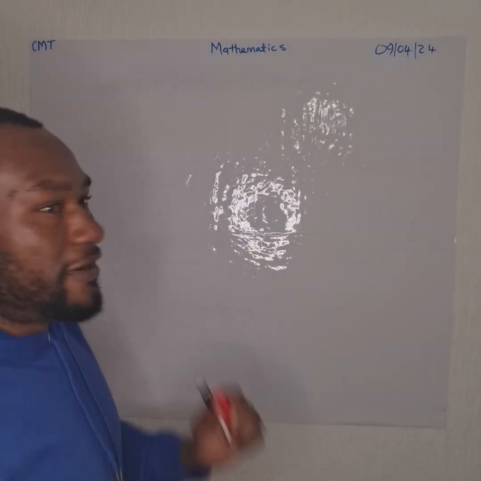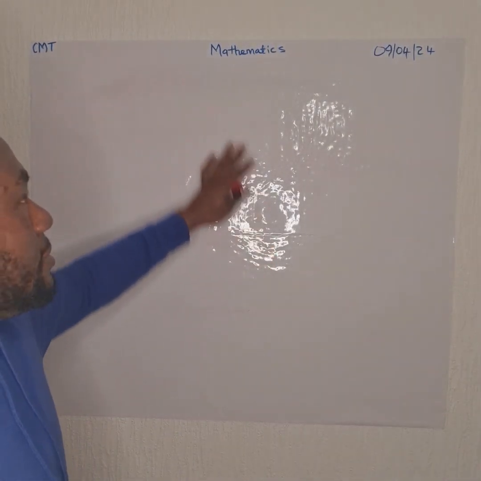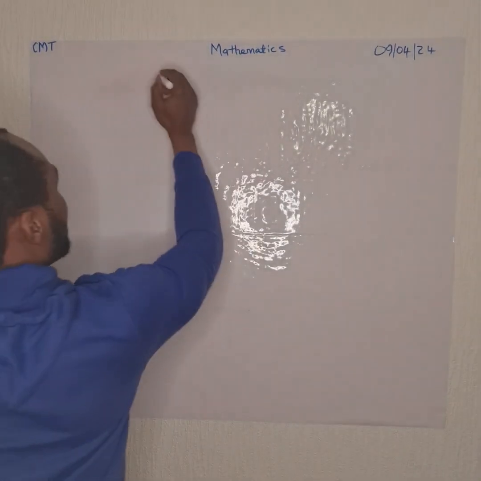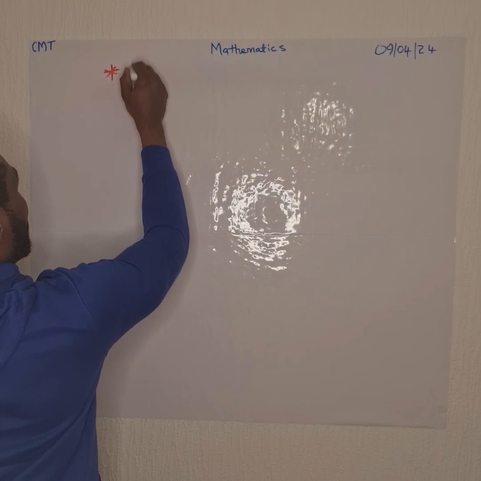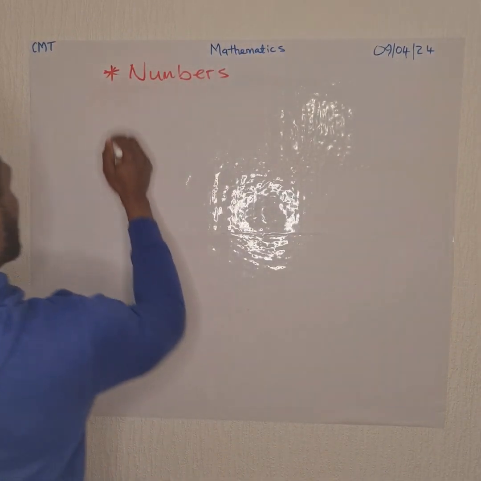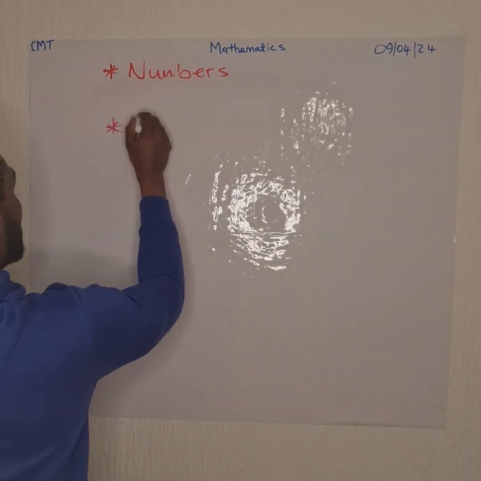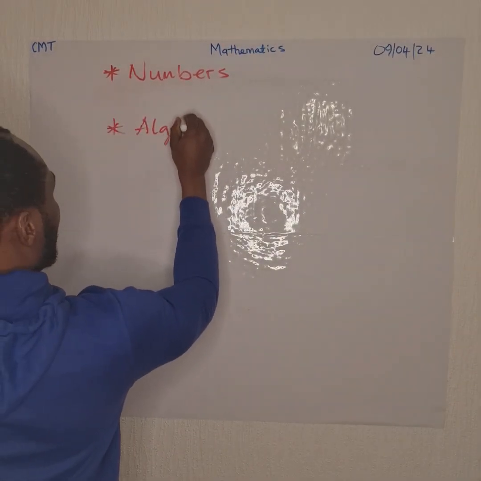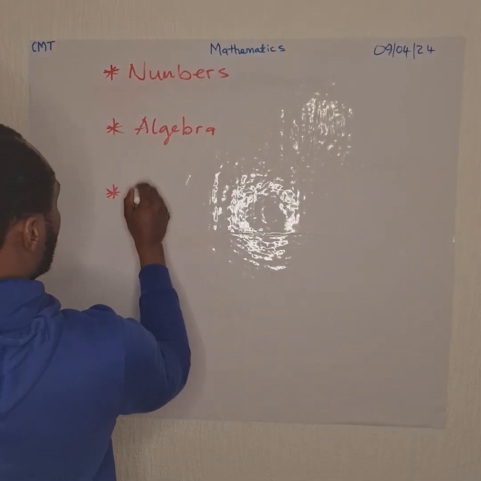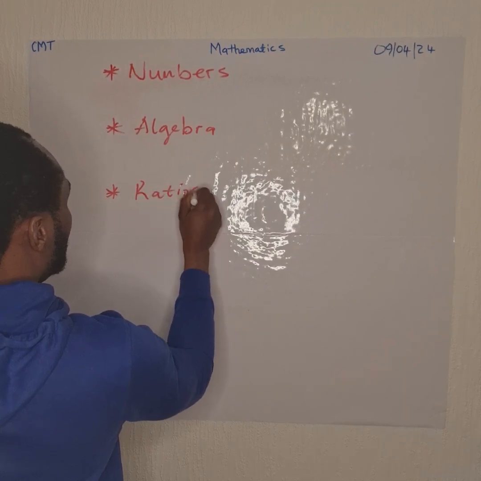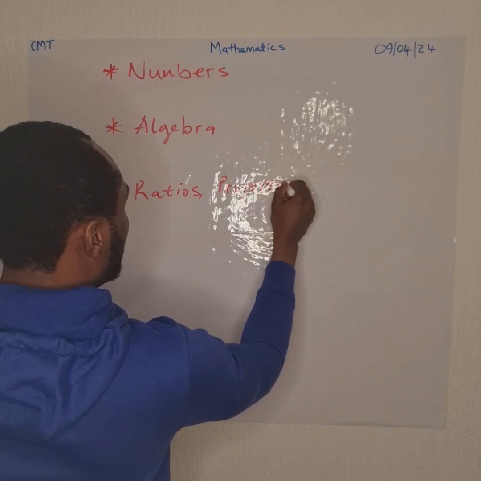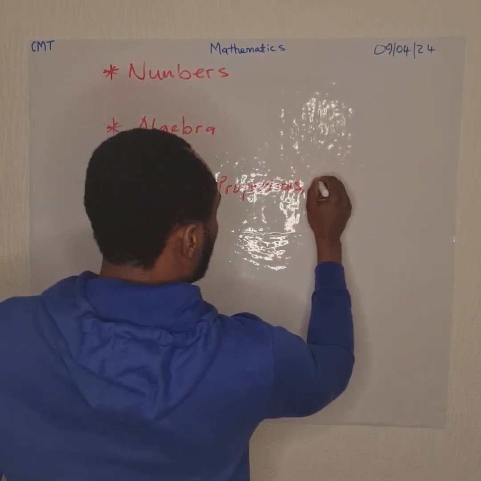First, let us look at the subjects and topics we're going to look at in mathematics. First, we look at numbers. Next, we look at algebra. Next, we look at ratios, proportions, rates of change.